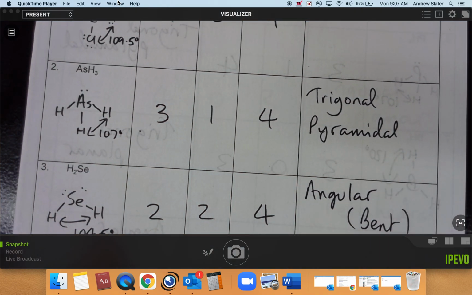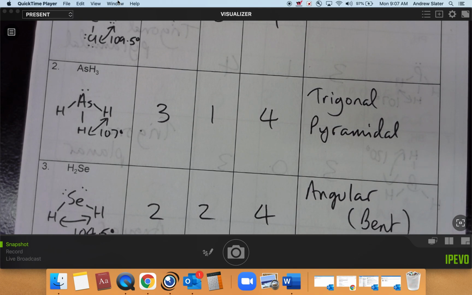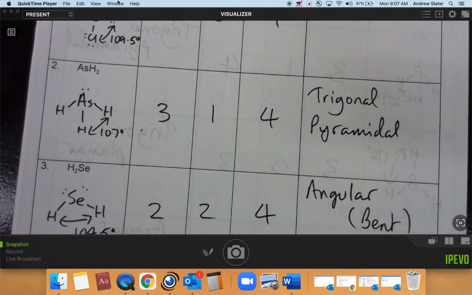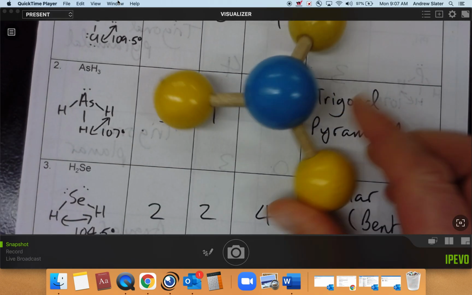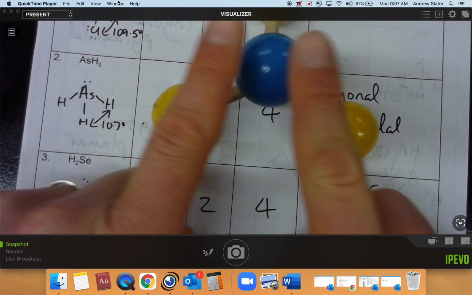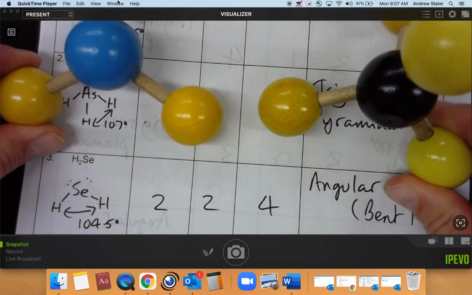And so because of VSEPR theory, the lone pair on arsenic, or it could easily be nitrogen or phosphorus, is going to push down more than in a tetrahedral.